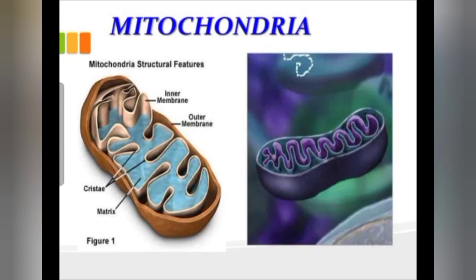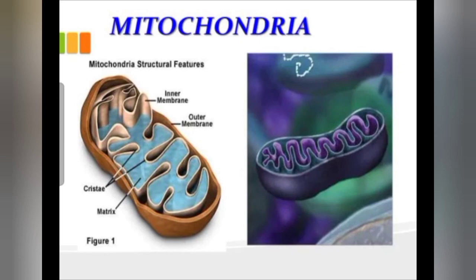As the nucleus is also a double layered membrane organelle, the outer membrane is porous and the inner membrane is deeply folded, as you can see in this figure, with finger-like projections called cristae. It creates a large surface area for ATP generating chemical reactions, and the space between the outer and inner membrane is called the intermembrane space.